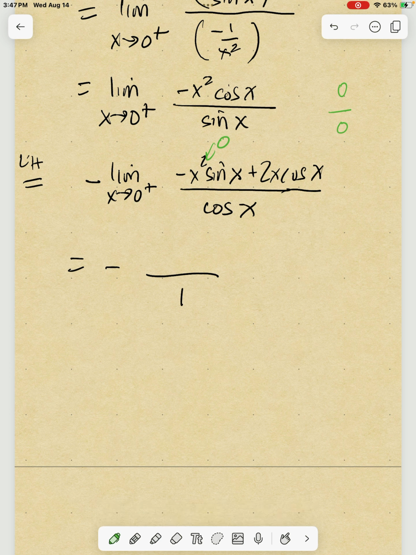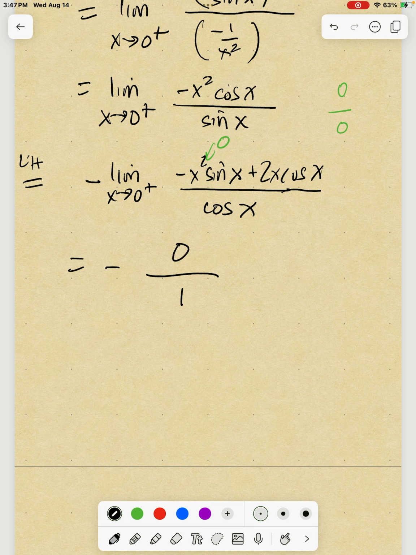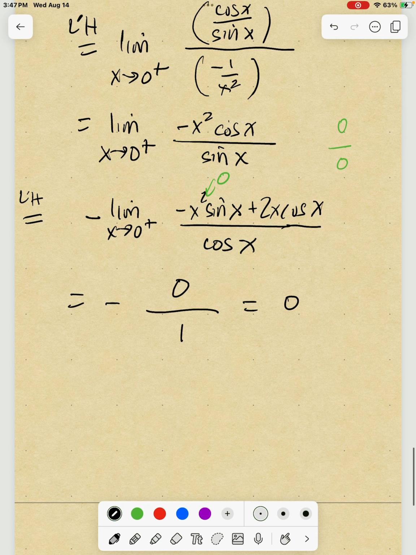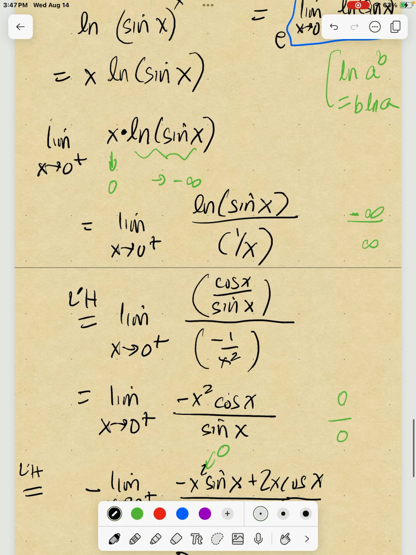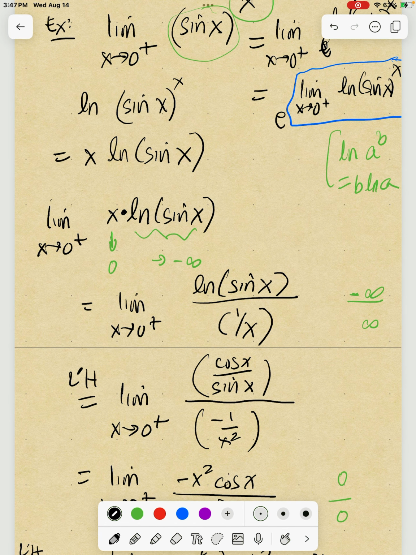So I do get 0, and negative 0 over 1 is 0. And so finally, we can evaluate the original limit we wanted, because we found that this limit in the blue is equal to 0. So now we get e to the 0 power, and that's equal to 1. So the answer is 1.